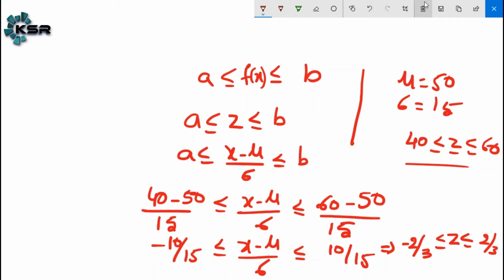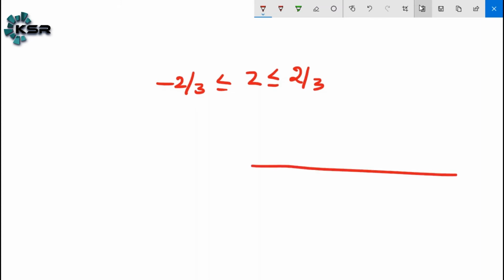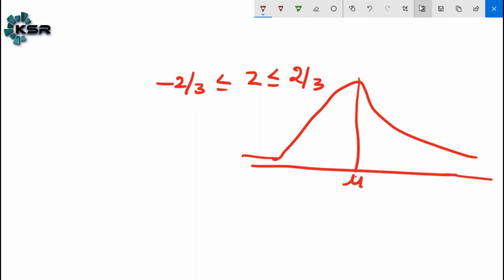Okay, now what we need to do, let me write this in another simple fashion. Minus 2 by 3 less than or equal to z less than or equal to 2 by 3. As I said, half of the left side will be equal to half of the right side. So if I draw the graph, this is the mean, median, mode.